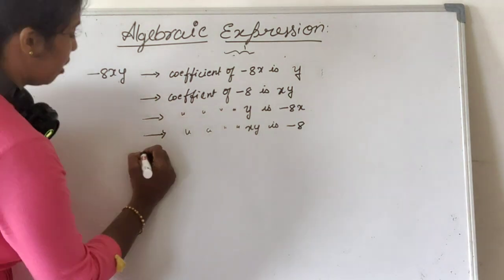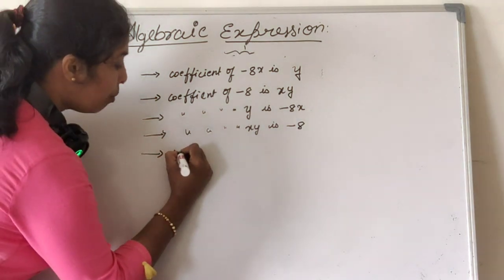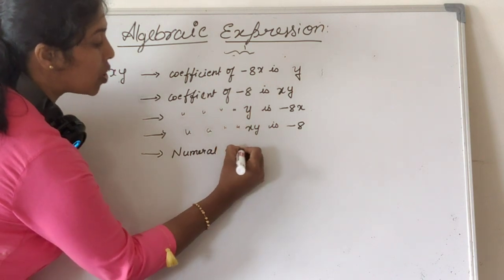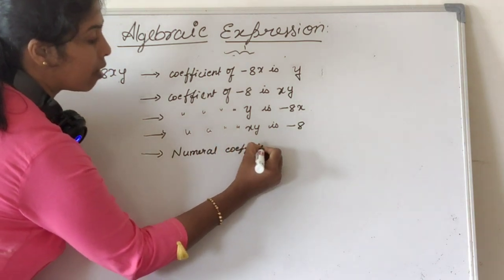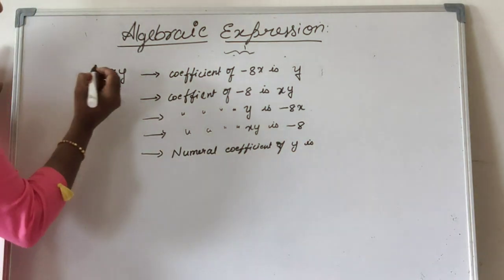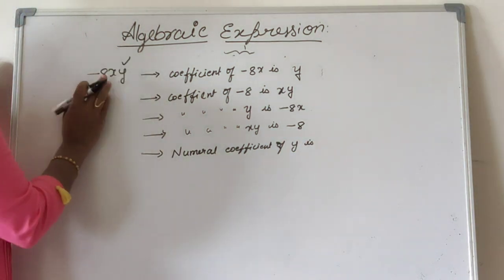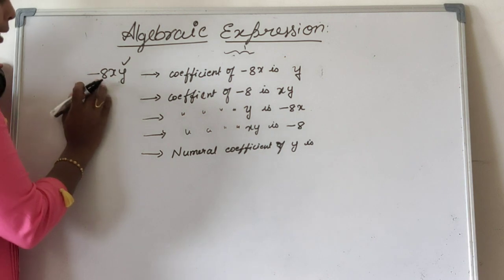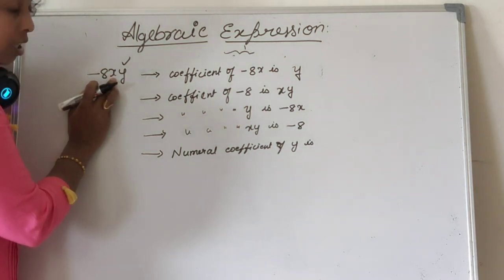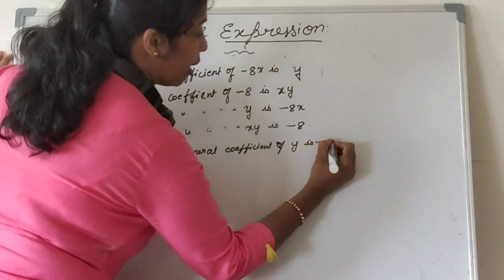Now they ask the numeral coefficient of y. See, numeral coefficient of y is asked. Now remaining is minus 8x. But in minus 8x, this x is not numeral. So only minus 8 you have to take.